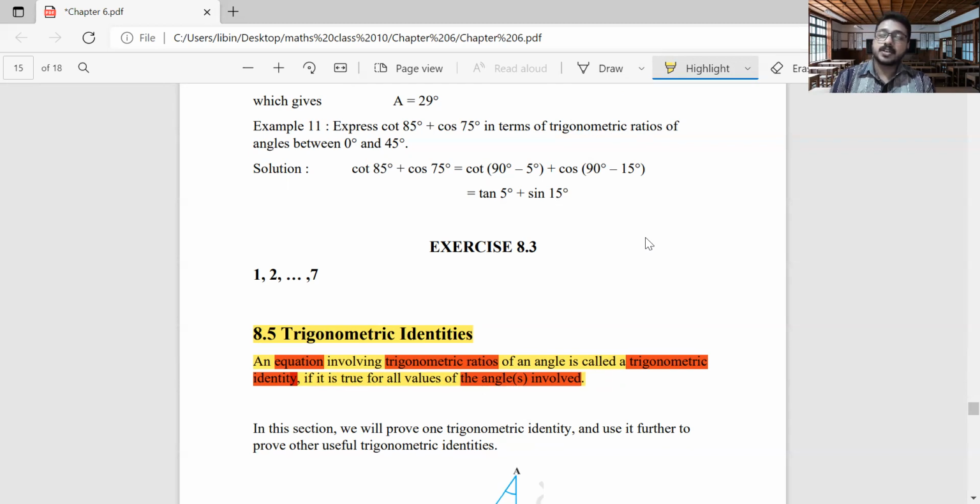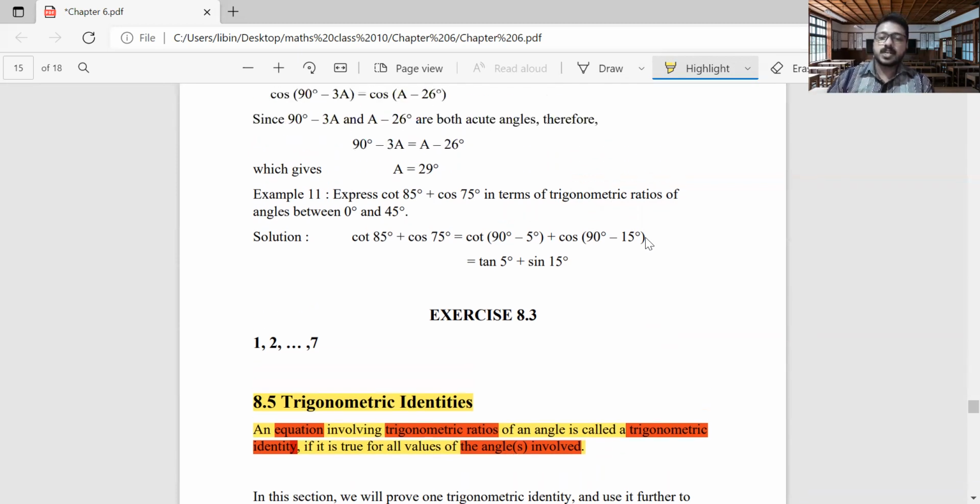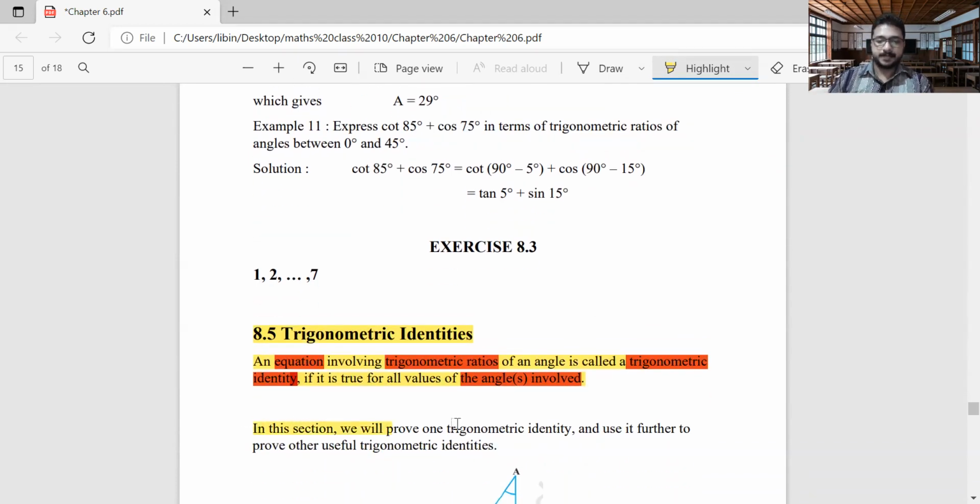So we can call it a trigonometric identity if it is true for all values of the angles involved in an equation involving trigonometric ratios. Now, in this section, we will prove one trigonometric identity and use it further to prove other useful trigonometric identities.